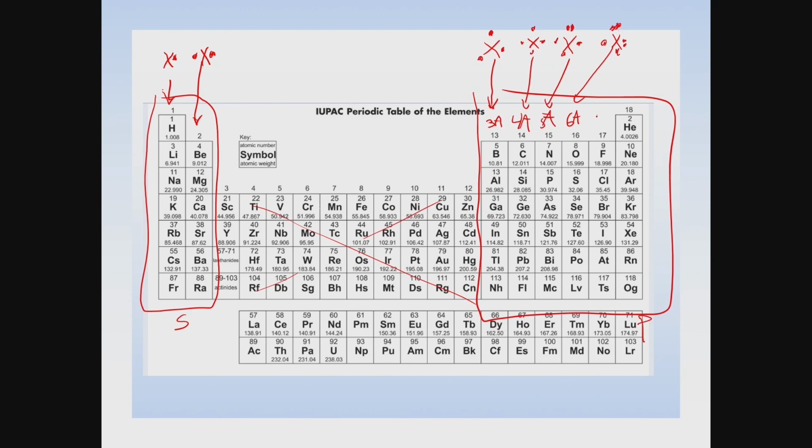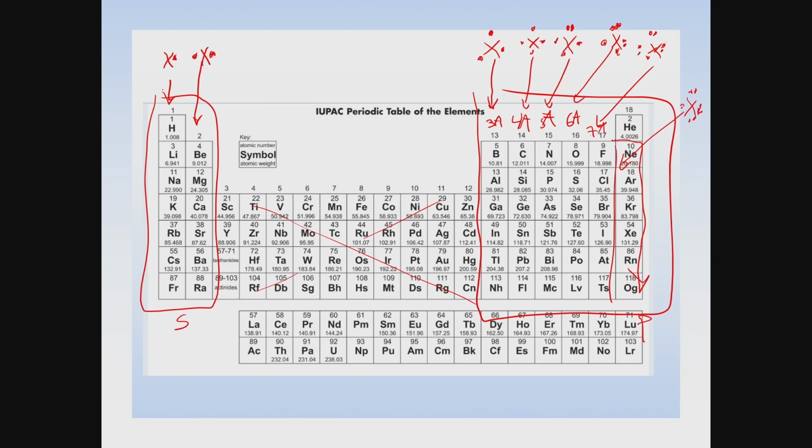Okay, and then 7A here, fluorine, chlorine, bromine, iodine. Those are the halogens. And so here is the elemental symbol X, and it has 7 dots. Now the noble gases are a little bit tricky. If you go below helium, from neon on down here, these noble gases have 8 valence electrons because they're in group 8A or 18.